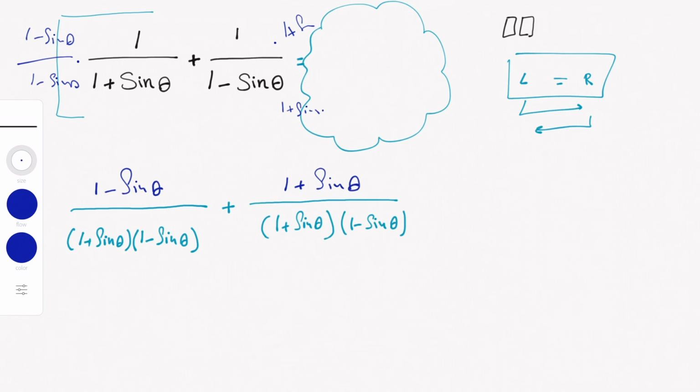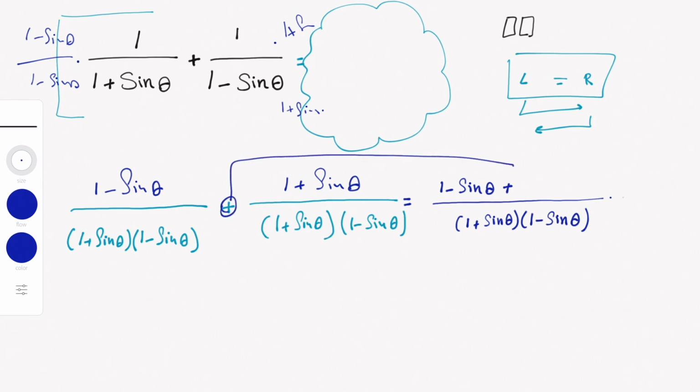So here, this is equal to 1 plus sine theta times 1 minus sine theta. On the top we have 1 minus sine theta plus 1 plus sine of theta.